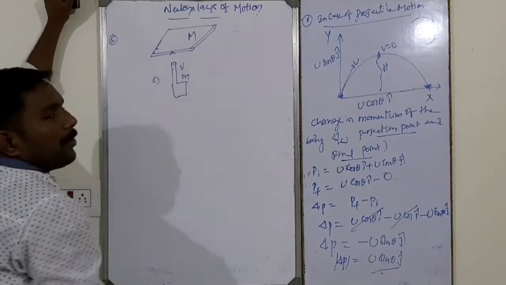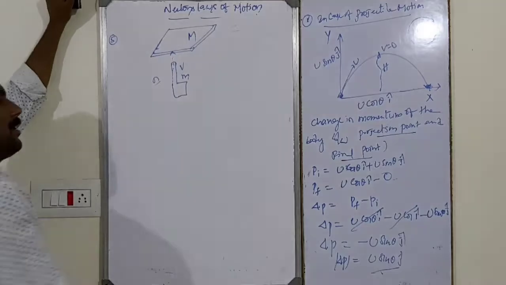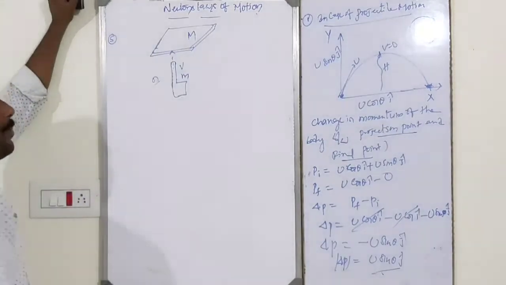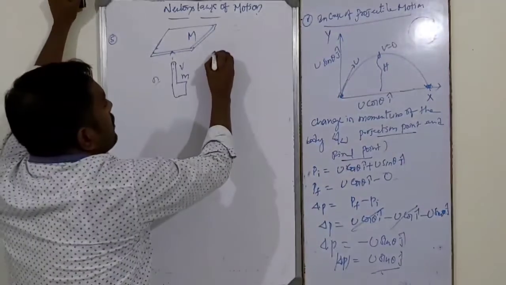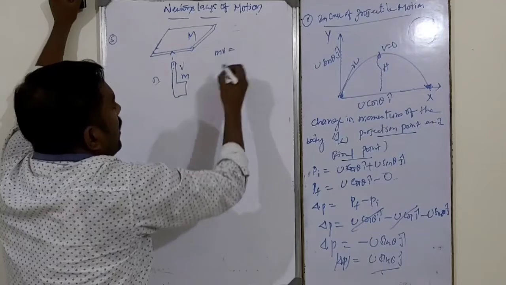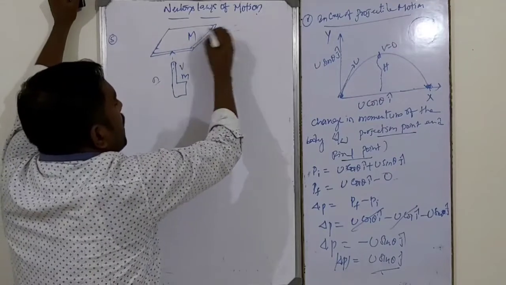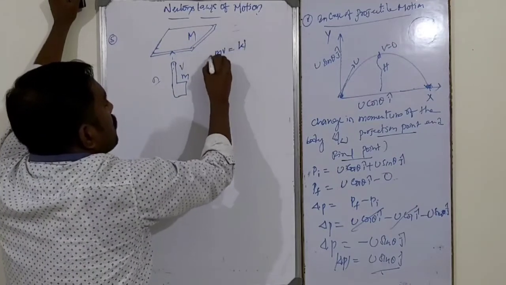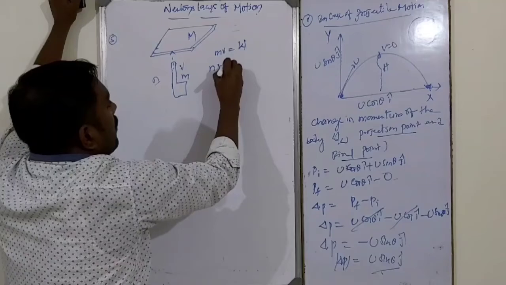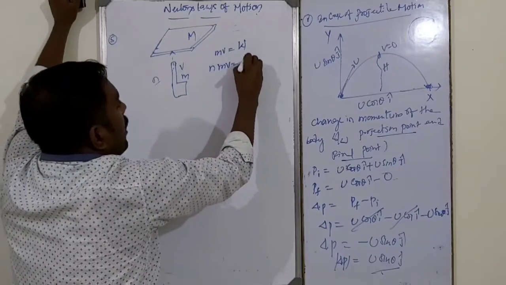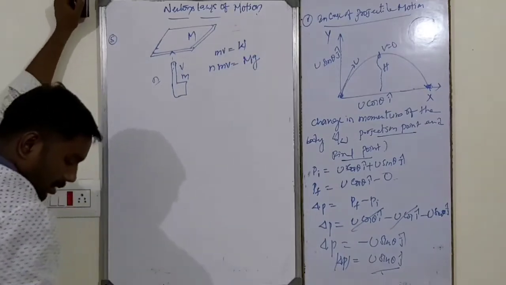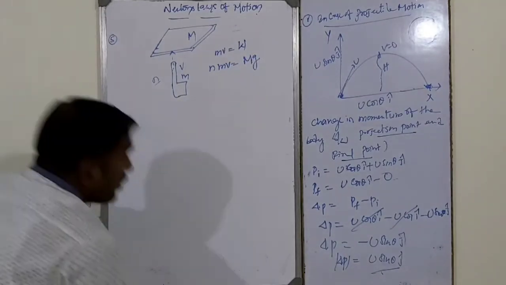So in this case, how many bullets are fired per second? What is the change in momentum? See dear students, the momentum of the bullets is equal to the weight of the metal plate. So if n bullets are fired, nmv is equal to what? Capital Mg. Okay.